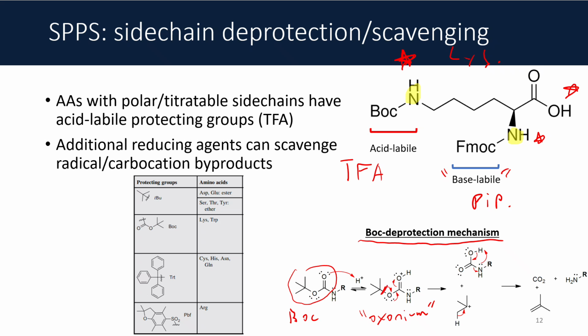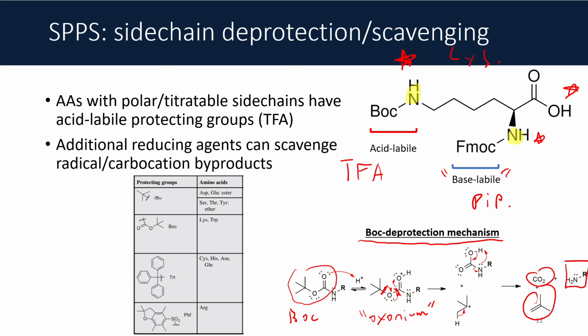This bond will break, that bond will break, and we're going to have a few other rearrangements occur, and ultimately get carbon dioxide, which will bubble out and clean itself up, and isobutene gas, which is also going to bubble out of the solution because it's very poorly soluble and very volatile. This is going to leave us with our desired free unprotected amine.